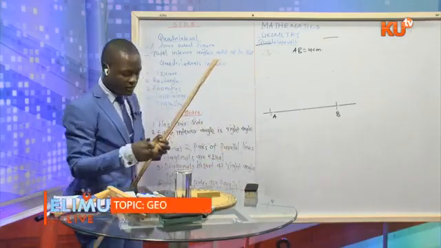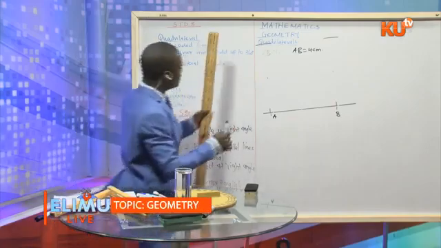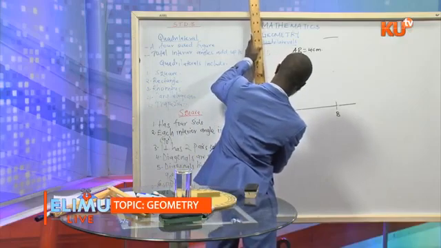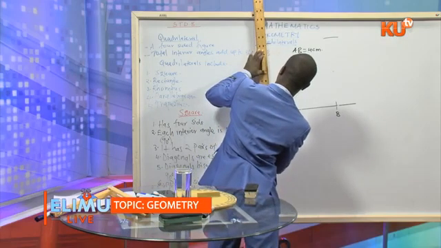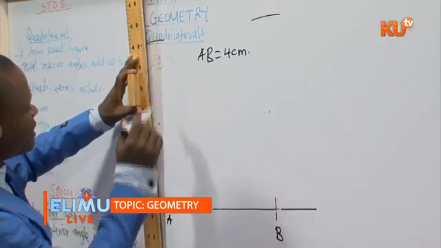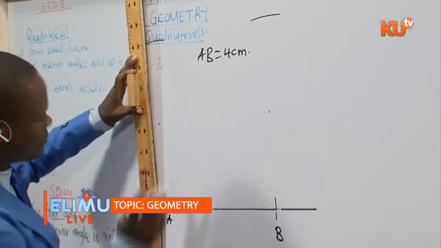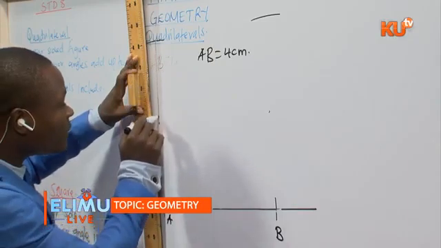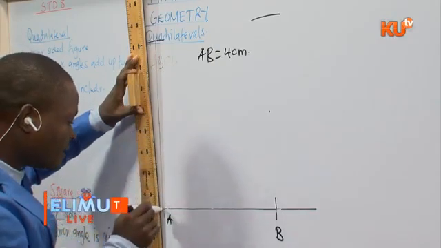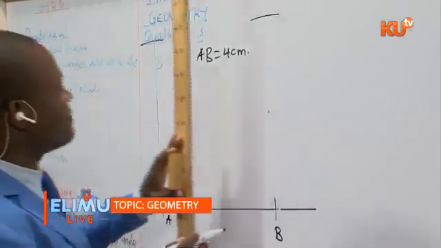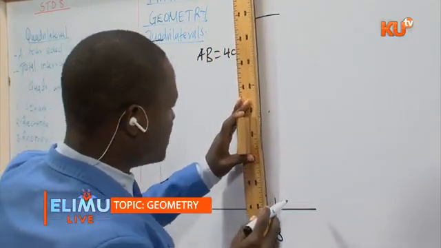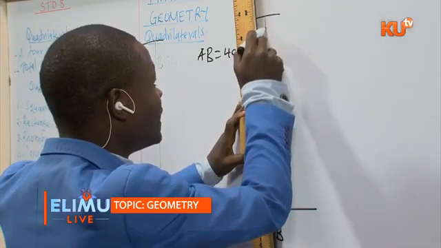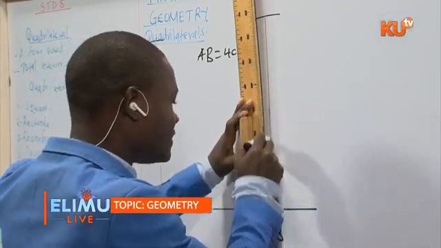After that, you join up to where the arc is, having in mind where the dot is. So make sure that your line is passing through the dot, like that. Then also come this side, do the same. Make sure that the line is passing through the dot.